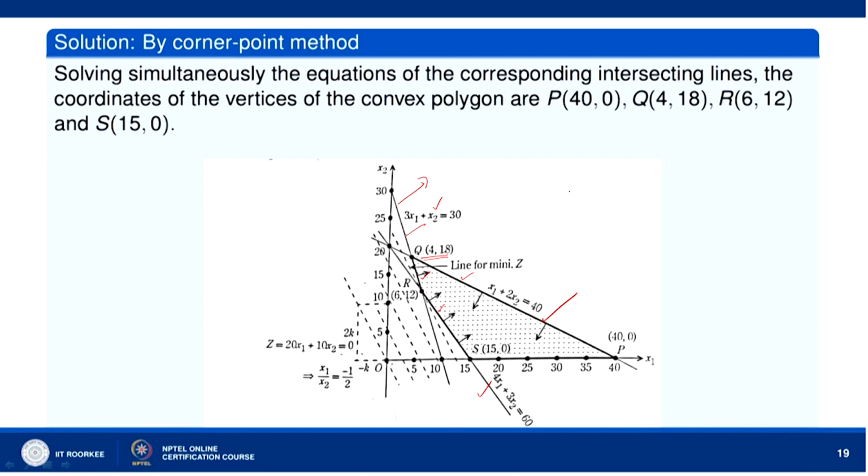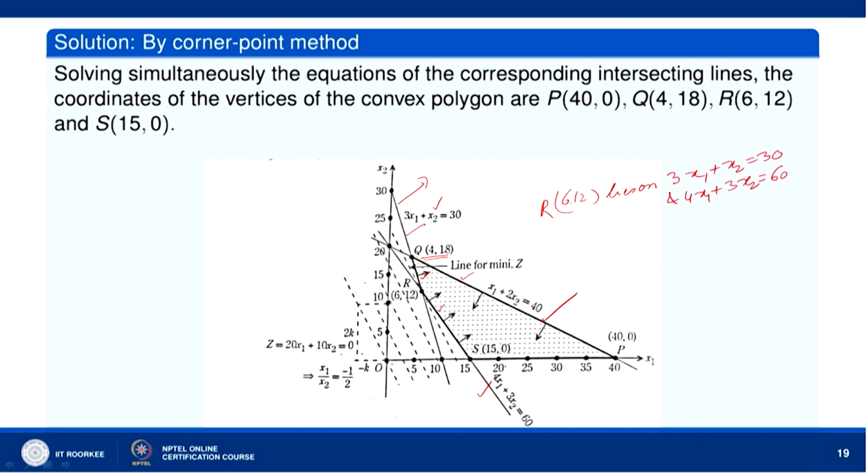So, 6, 12 lies on 3 x1 plus x2 equal to 30 and 4 x1 plus 3 x2 equal to 60. So, the intersection of these two is the point R, that is 6, 12. So, we have found the vertices of the convex polygon.